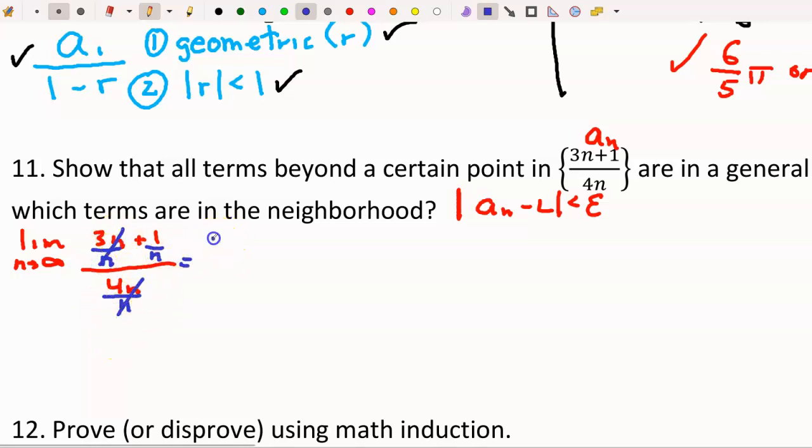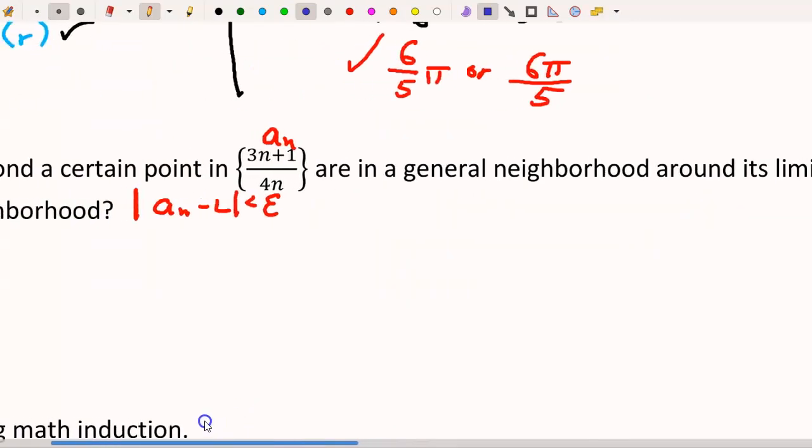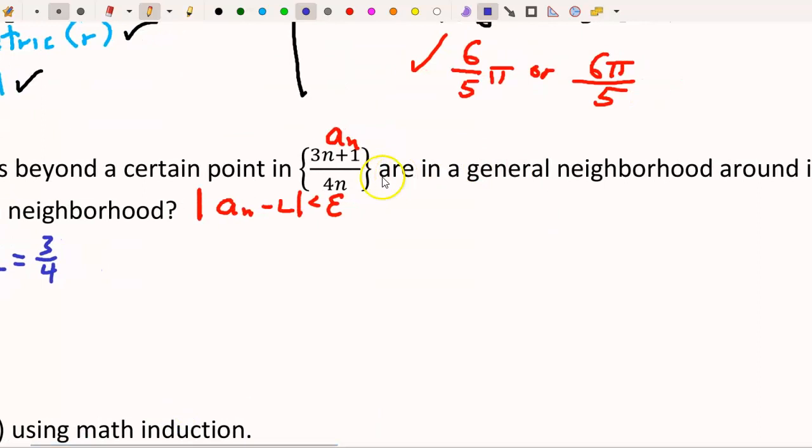So we have a 3 on top, a 4 on the bottom, and this one doesn't cancel, so we take that to infinity, and it becomes 0. So our limit is going to be equal to 3/4. Okay, so got to have that part. Now we can plug that in here. I have my a sub n, I got my limit, and we can solve a little bit.